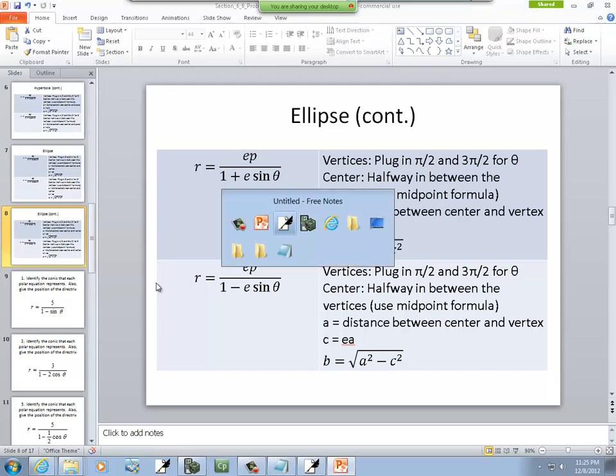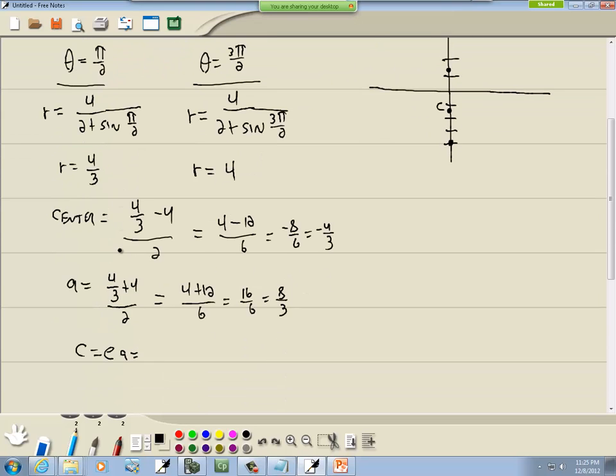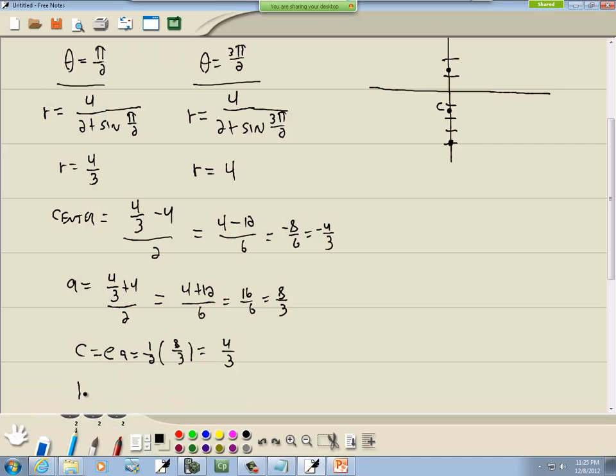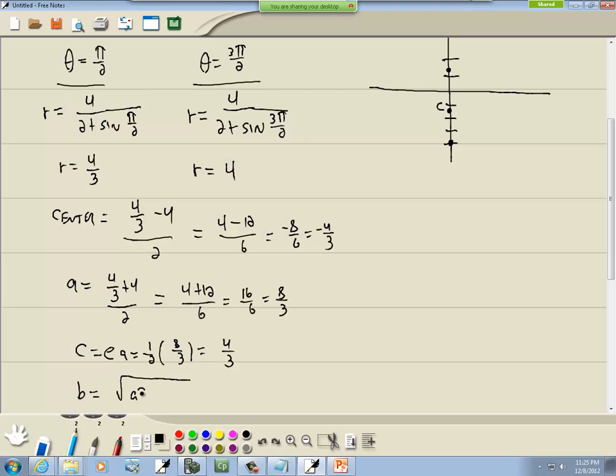C. C is equal to E times A. I have no clue what E was. E was 1/2. So we've got 1/2 times 8/3, and that gives us 4/3. And B is equal to square root of A squared minus C squared.